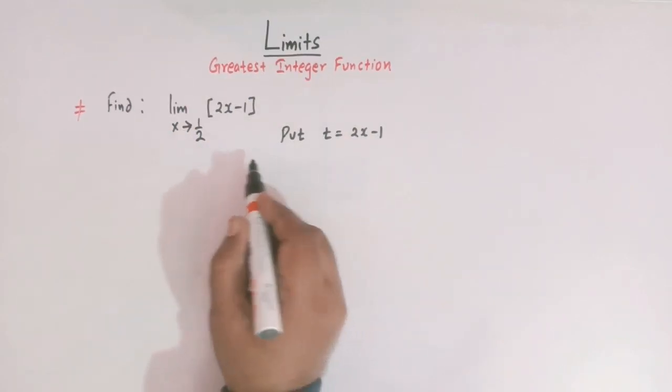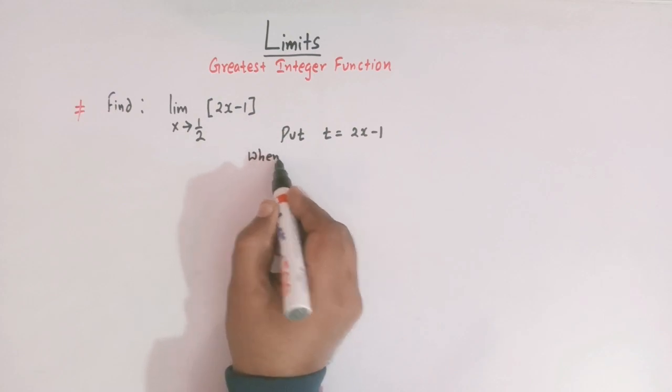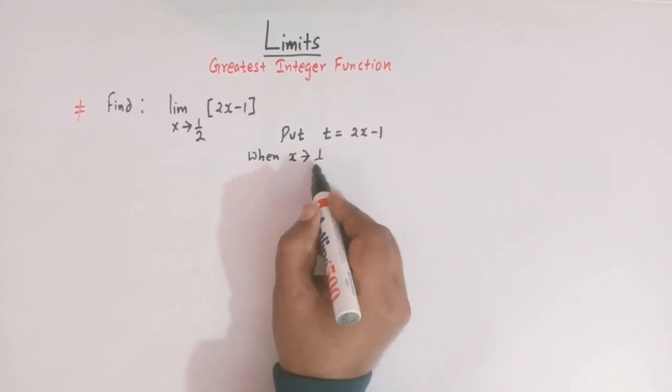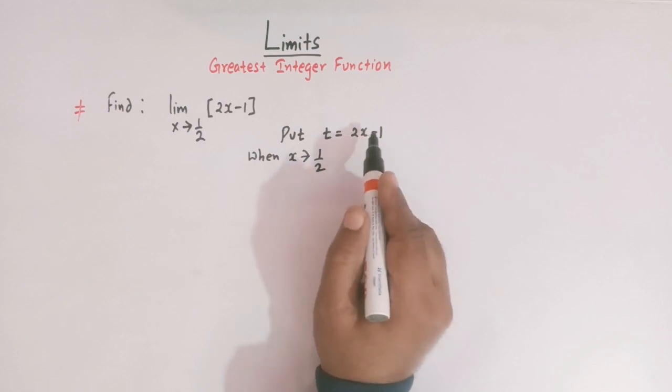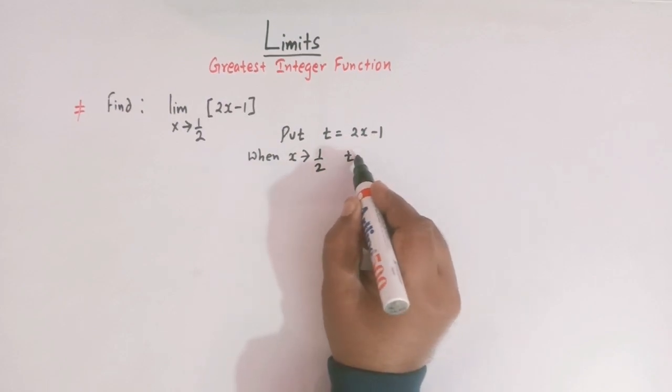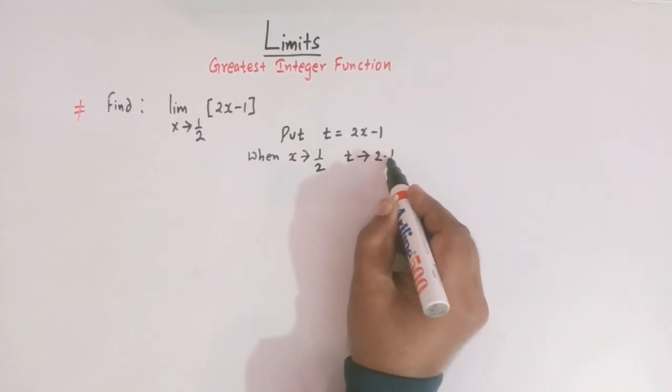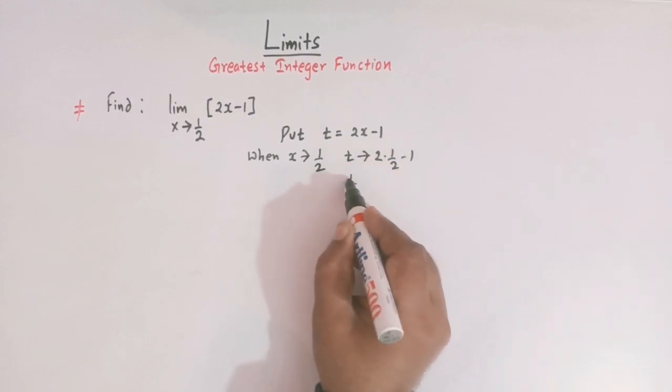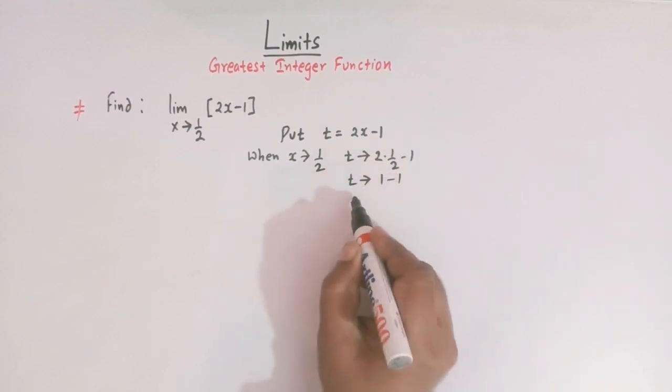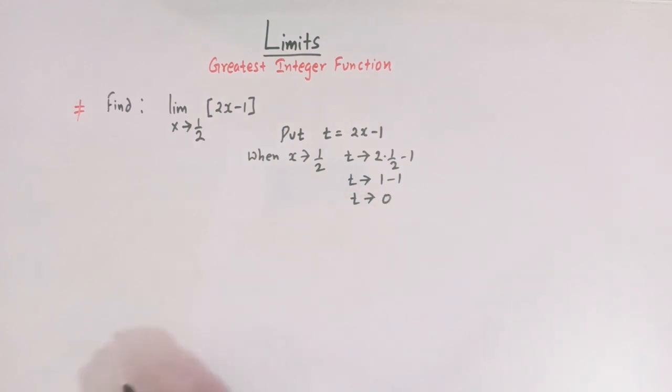When x tends to half, we can easily see from this relation that t tends to 2 times half minus 1, so t tends to 1 minus 1, that is t tends to 0.